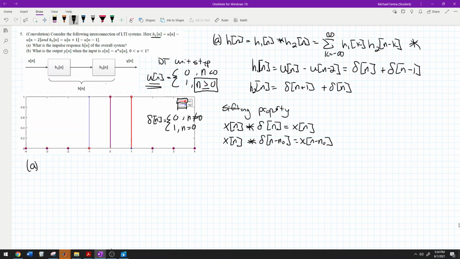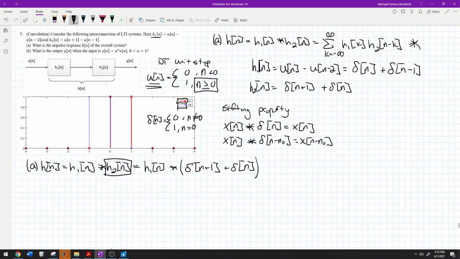So A is equal to, we have h of n is equal to h1 of n convolved with h2 of n. And let's swap out one of our functions for its new definition. So we get h1 of n convolved with delta of n plus 1 plus delta of n.